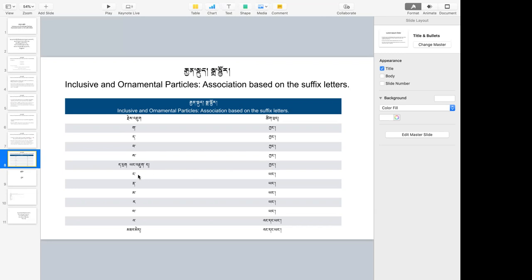For suffix letters nga, na, ma, ra, la, we have the particle yang. And then for the suffix ha, we have hang or yang, depending on the usage of the punctuation. And finally, if a name doesn't have any suffix letter, it will also be associated with hang and yang, depending on the usage of the punctuation.